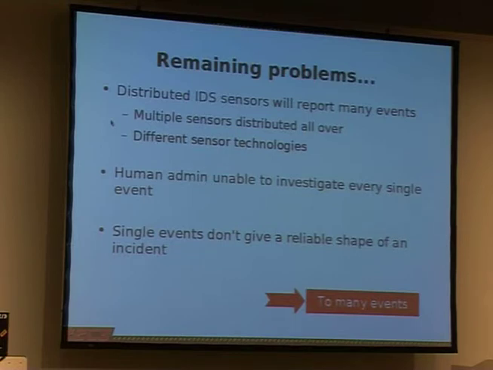And further, a single event doesn't really give you a shape of an incident, where most of the time different IDS sensors will fire. So the remaining problem is that we have simply too many events. So why not use them, correlating them to find out what really happened?